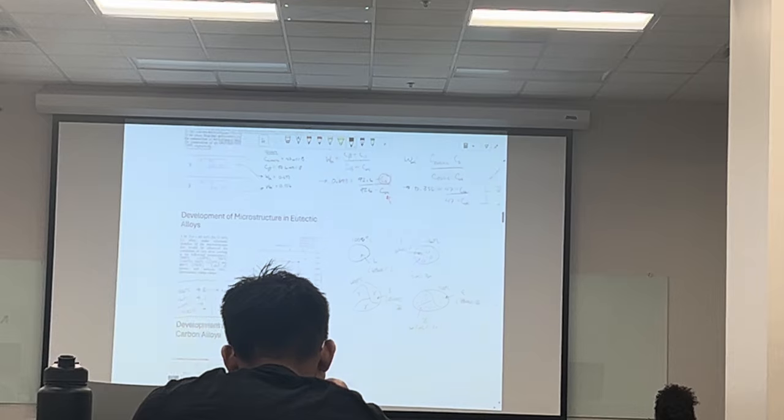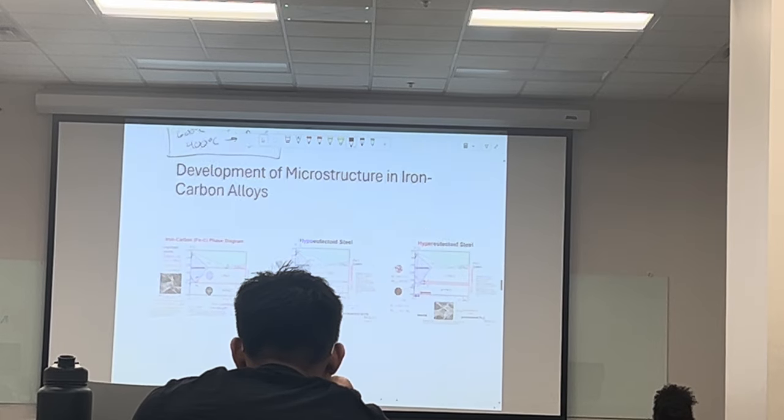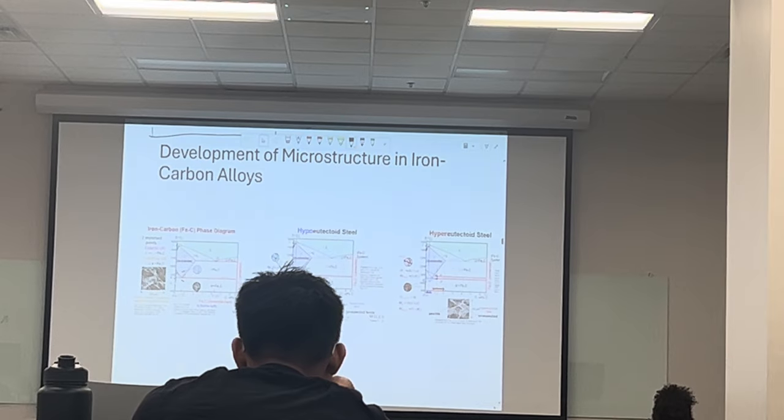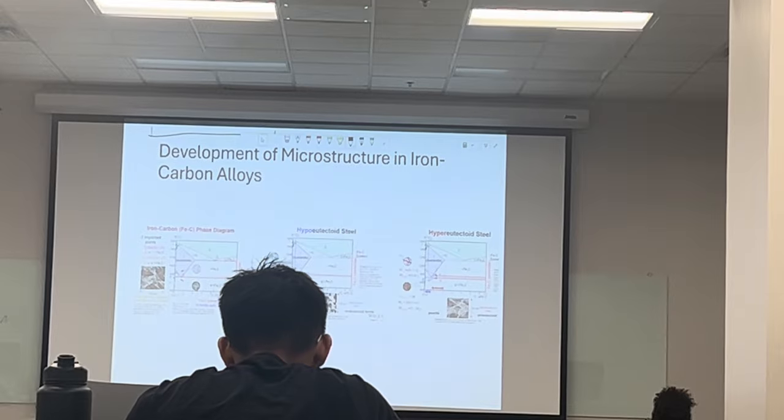Okay, cool. So quickly, I'll try to touch on this very briefly. Essentially, this is the same thing that we learned before, but in iron carbon alloys.